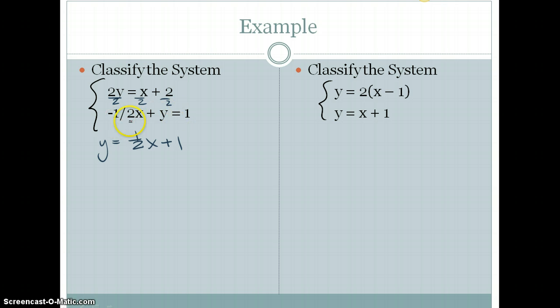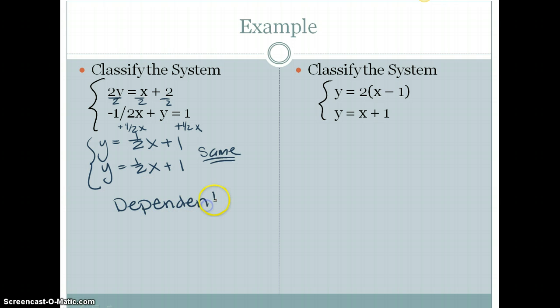For the second one, I need to add 1/2 x to both sides. That will give us y is equal to 1/2 x plus 1. You'll notice that once I've done that, this new system indicates that these two equations are the same. Actually, they're identical. Therefore, they are going to be dependent because they have the same slope and same y-intercept.